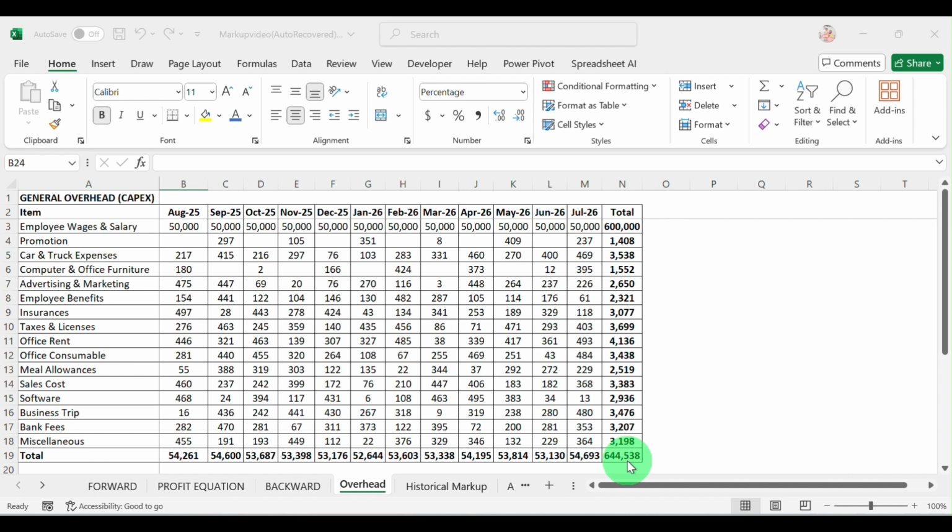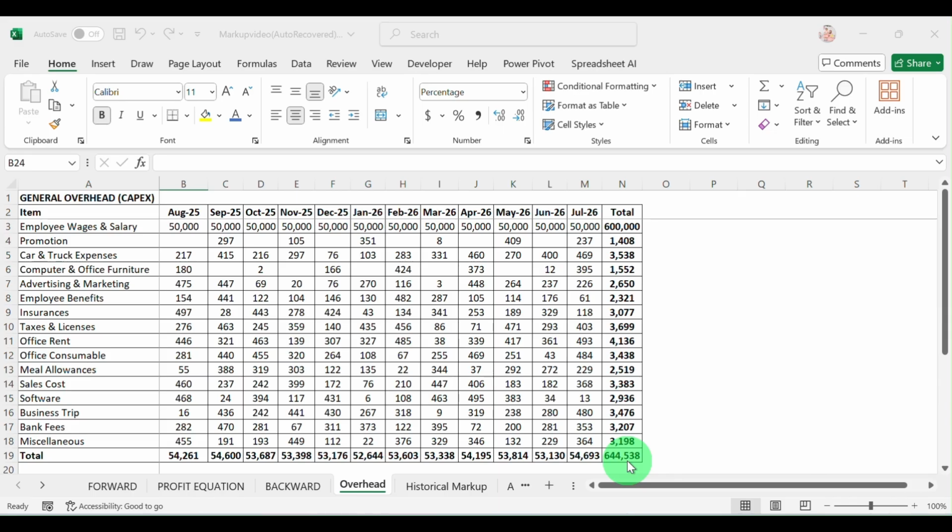Don't be confused the general overhead cost with the indirect cost of the construction cost. For example, the salary and wages for the project manager and construction manager.